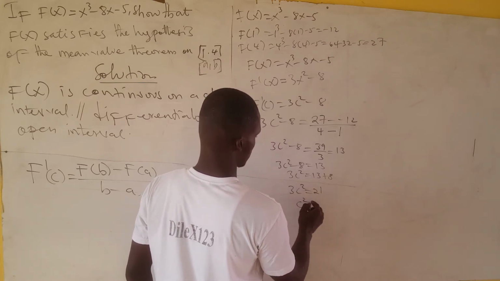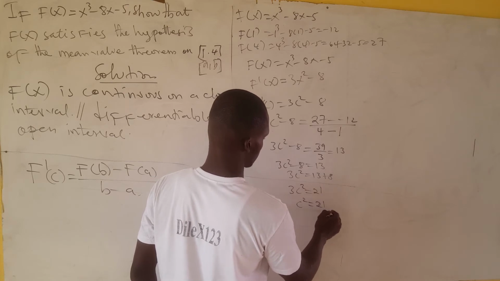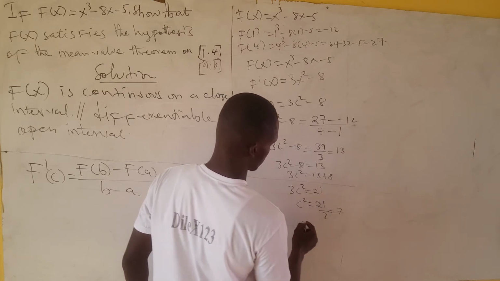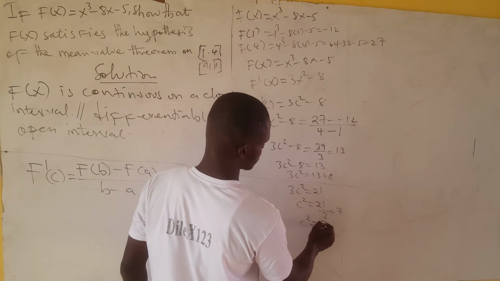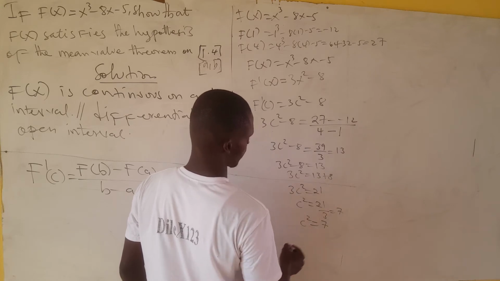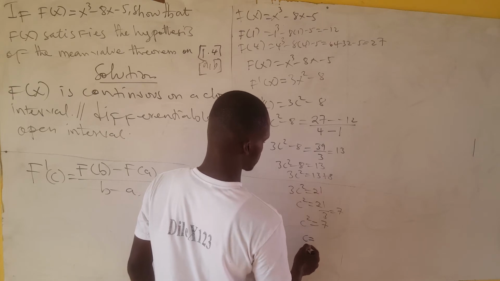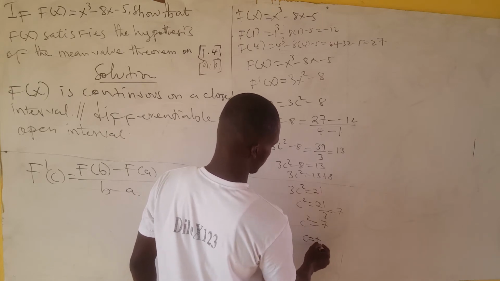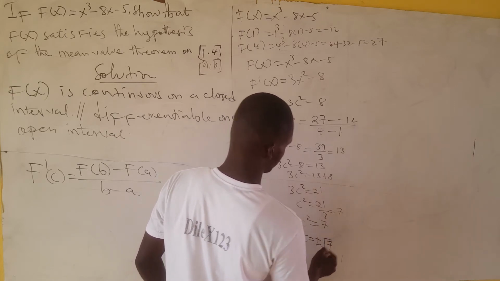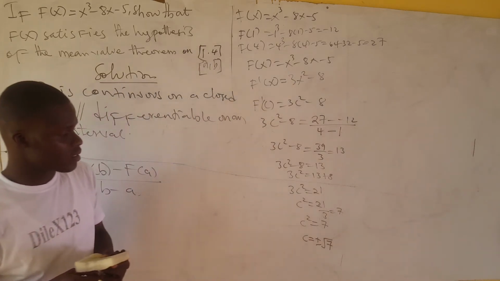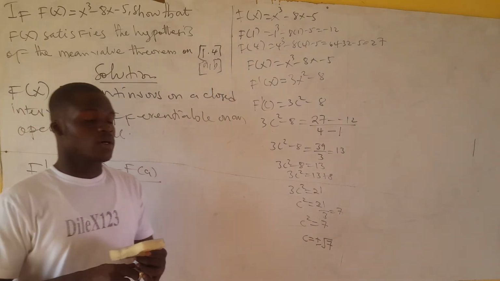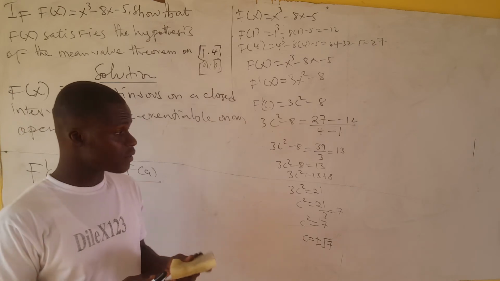So c squared is equal to 21 over 3, that will give us 7. If c squared is 7, then it means that c will be equal to plus or minus the root of 7.